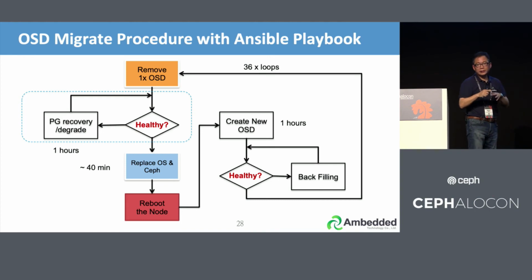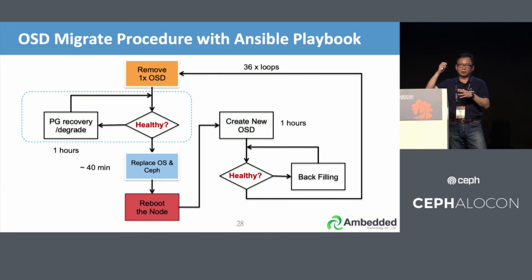After the new OSD has joined the cluster, you still have to wait for the data to backfill to the newly joined OSD. This also takes about an hour. So this is one cycle to mark out one OSD, migrate its operating system and Ceph, and make it join the cluster again.